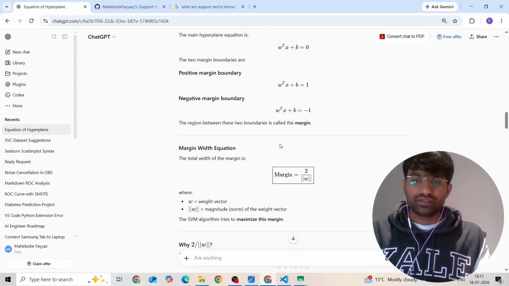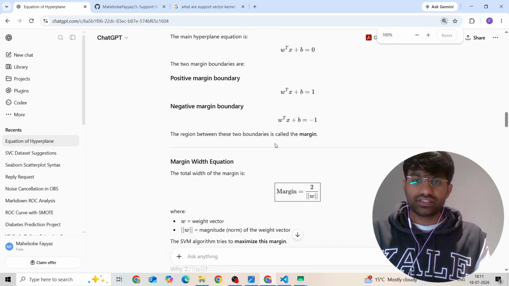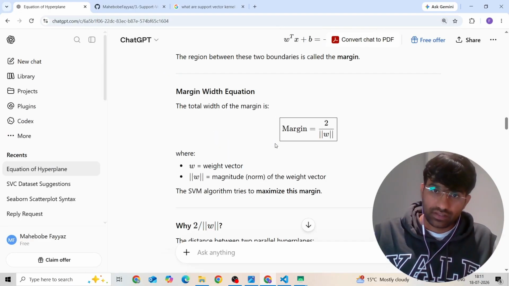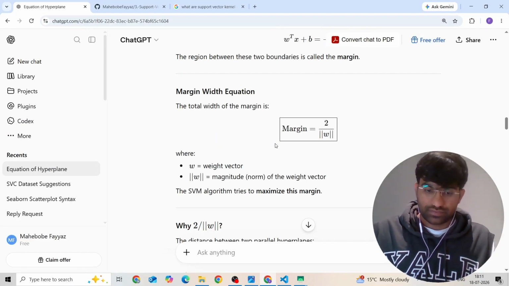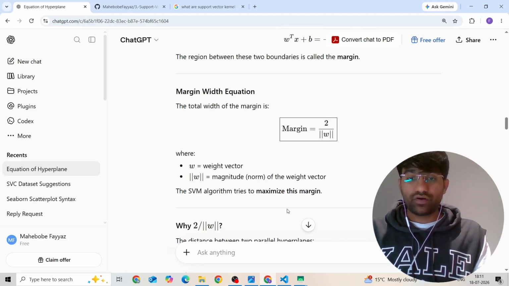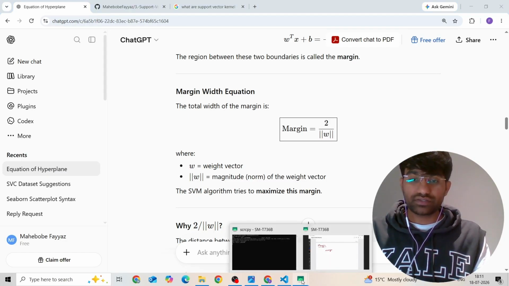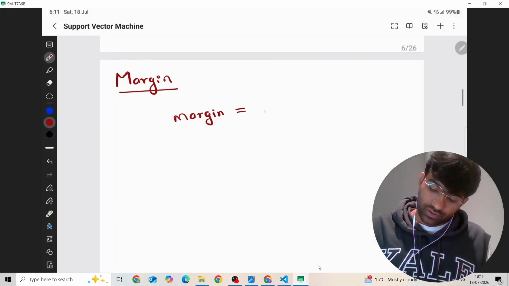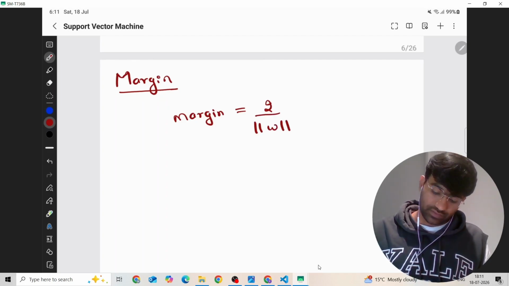The equation of margin is 2 divided by the absolute value of the weight vector. Margin is equal to 2 divided by the absolute value of the weight vector.